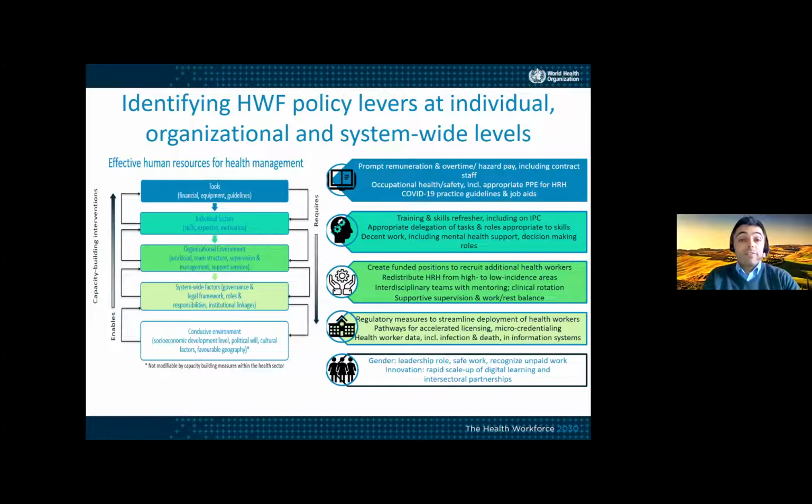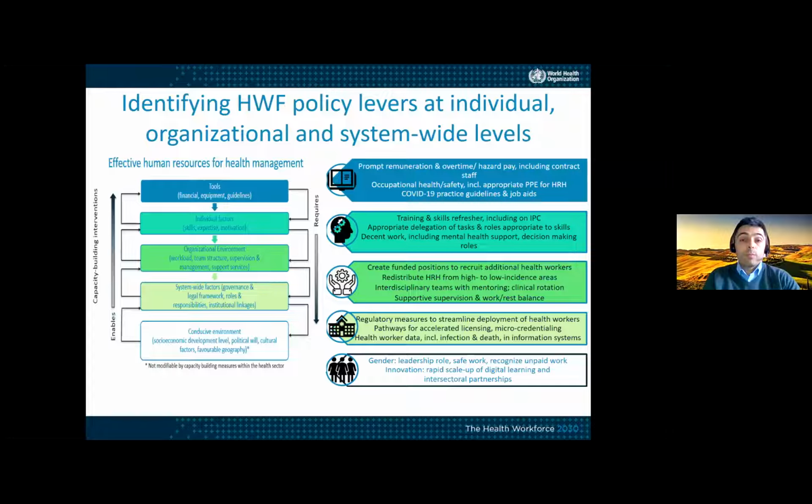Then individual factors, and these relate, for example, to the competencies and skills that health workers acquire, but also policies that can ensure the optimization of their roles through appropriate role delegation and task sharing, as well as decent working conditions. The third category relates to the organizational environment.